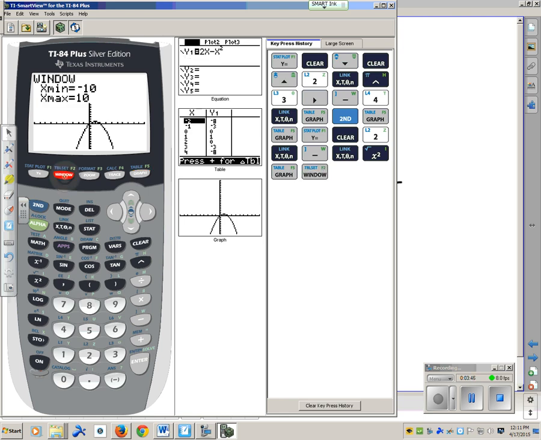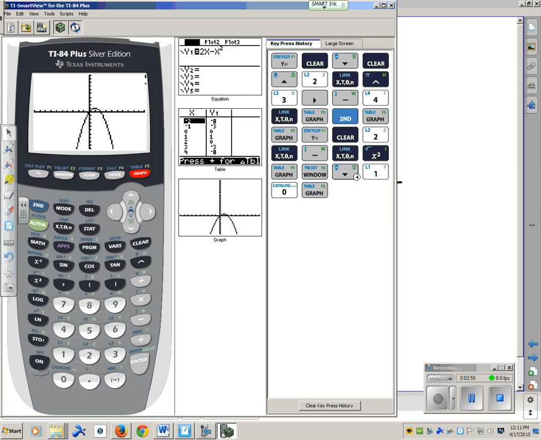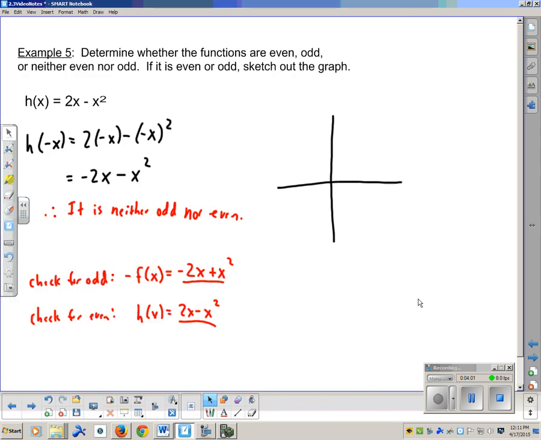I'm actually going to change my window here a little bit. It changes to 10. Hit graph again. There, much better. So I can see some nice ordered pairs there. It looks like I've got 0, 0, and I've got 2, 0.